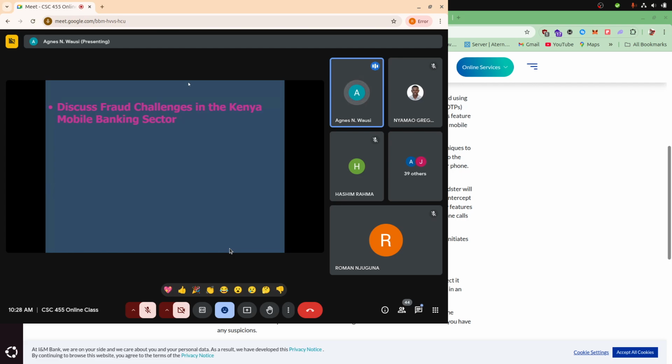I think in Equity there's what they call Equitel SIM. These guys would go and pretend they've been sent by Equity, and they'll do that thing you're calling SIM swap. It's very difficult to detect because it is your own SIM.